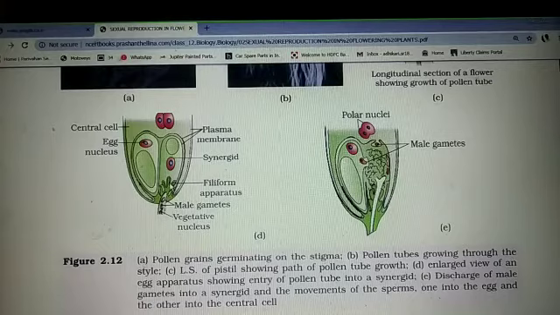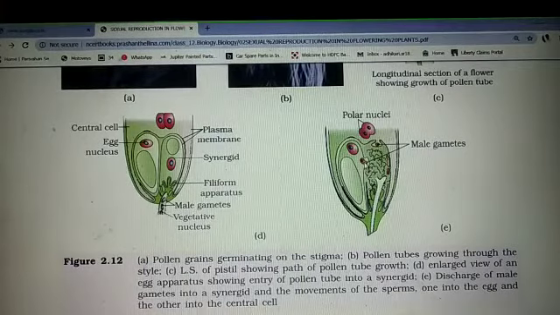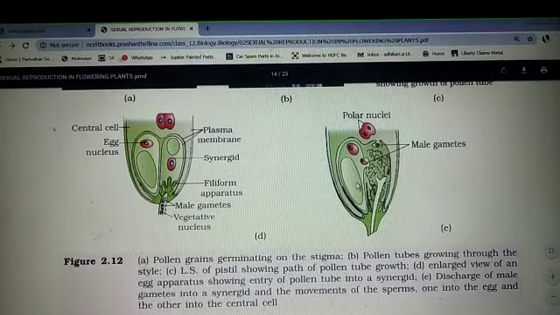The tip of the pollen tube enters the synergid, penetrates it, and the synergid starts degenerating. Then the male gametes are released. One male gamete fuses with the egg cell and one male gamete fuses with the polar nuclei. And the synergid cells, filiform apparatus, and antipodal cells all start degenerating. Okay.